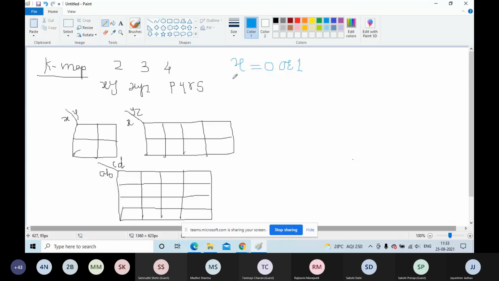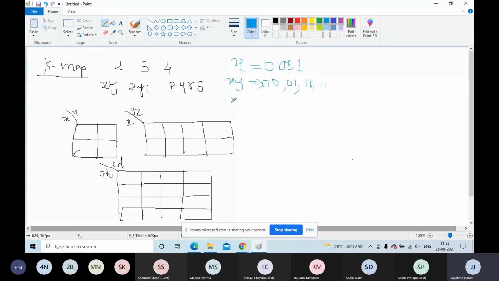If you have 2 variables, how many combinations will you get? 4. Very good. Which ones? 0 0, 0 1, 1 0, and 1 1. Very good, 4 combinations.